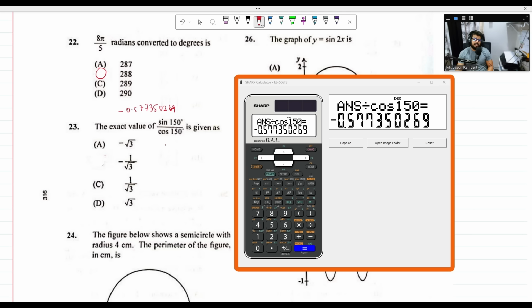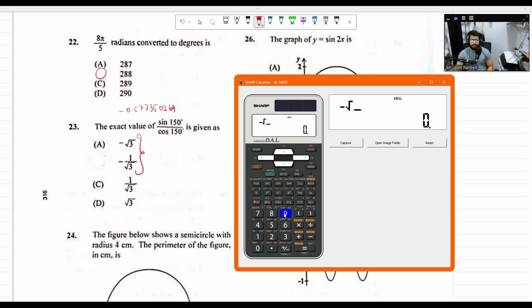I know my answer is negative, so it could only be one of these two. What's negative root 3? Negative root 3 is negative 1.73 and change. It's not the answer, but I'm still going to double check. What's negative 1 over root 3? Negative 0.577350269. So the answer is indeed B.